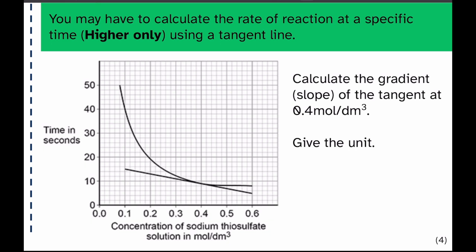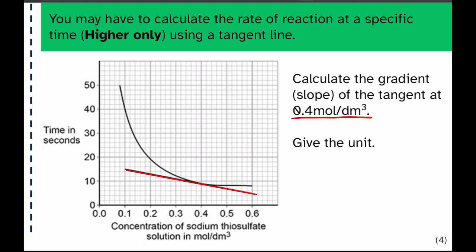However, if they give you a specific time that they want to know the rate of reaction for, or in this case, a specific volume, that's where you have to draw a tangent line. They want it drawn at 0.4, so that's this point here. You can see that a line has been drawn that touches that point, and is equal in terms of its distance away from the curve on either side. That's what we call a tangent line.